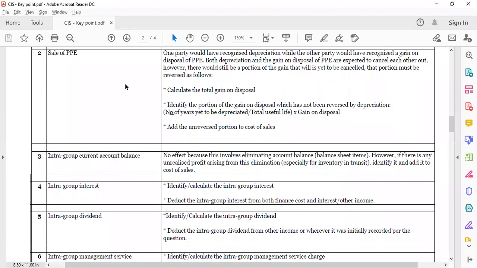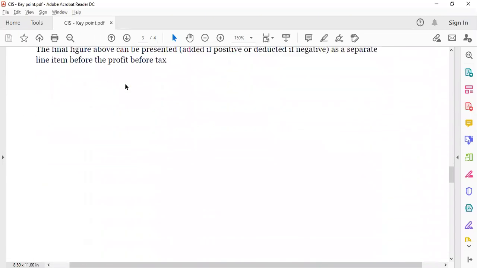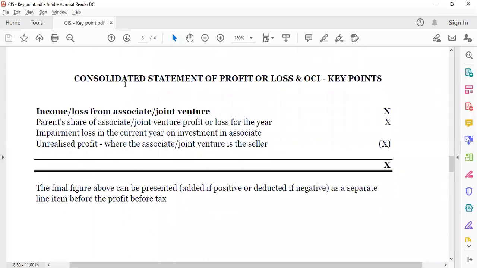That's the final aspect. So that's calculated as projected. First, you get the parent's share of the profit or loss for the year, which is represented as X here. You get the impairment loss. It's supposed to be an X here as well. And you get any unrealized profits.